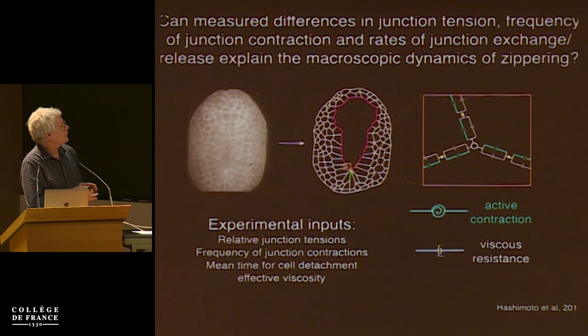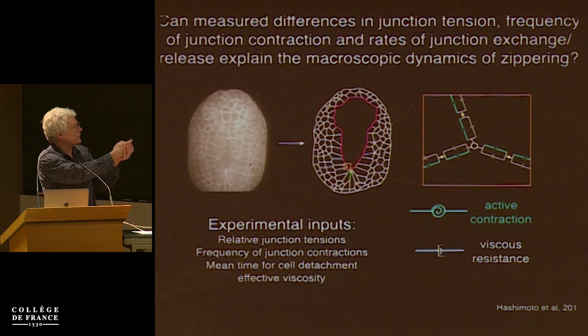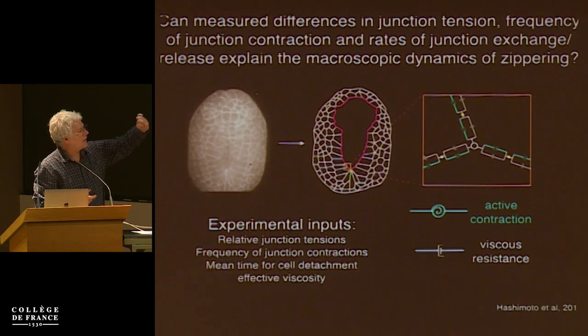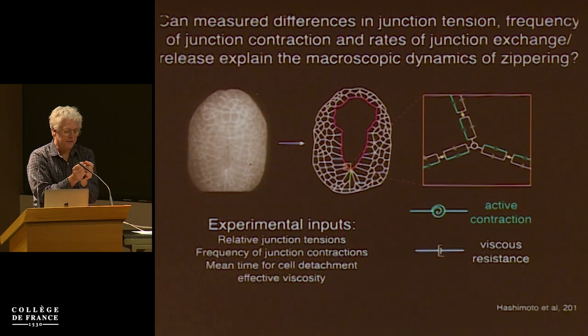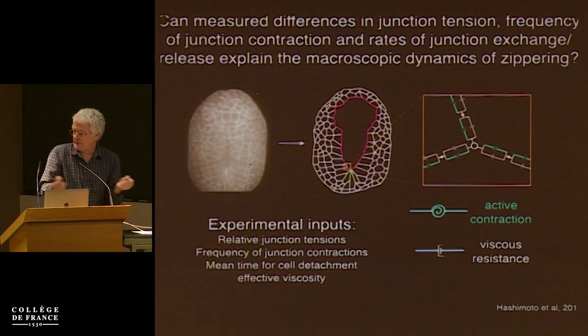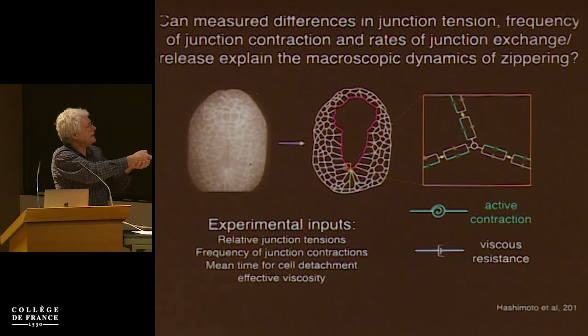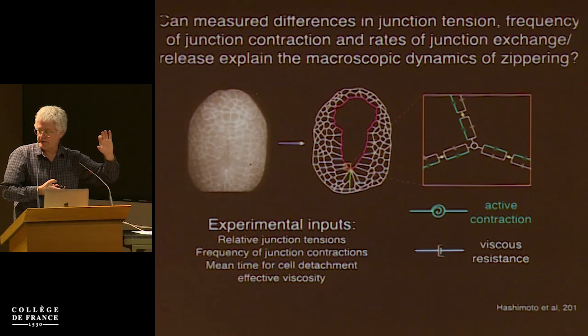To do that, we built very simple two-dimensional models in which we model the boundaries of all cells as simple elements that essentially contract actively, representing the actions of myosin, and resist deformation with an effective viscosity. We can now essentially paint onto the cell geometry the relative tensions that we measure by laser ablation.